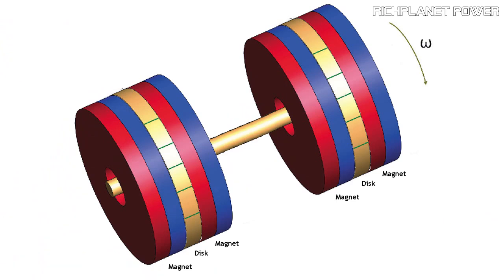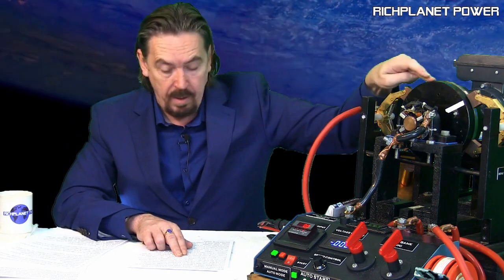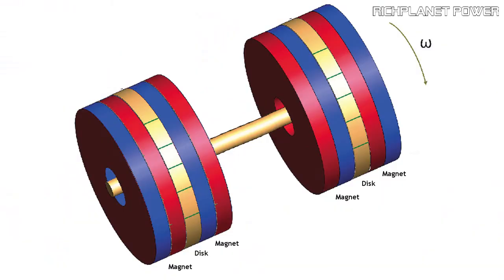If the magnets in each machine are placed with opposite polarities, so you've got the magnetic field going that way in one of them and this way in the other, but they're on the same shaft, such that the field through each conducting disc is going in the opposite direction, one machine will have its positive terminal on the rim and its negative terminal on the shaft, whereas the other will have its negative terminal on the rim and the positive on the shaft.